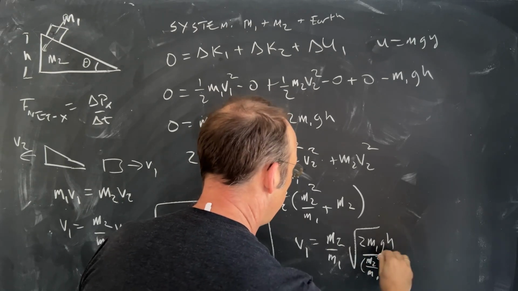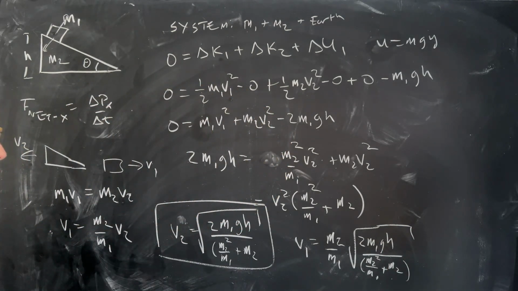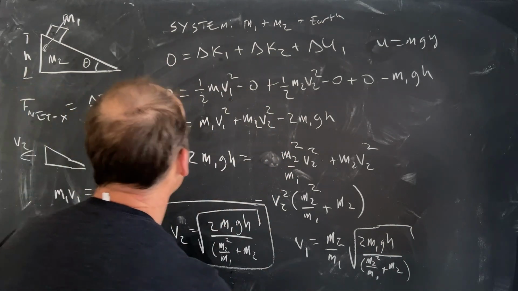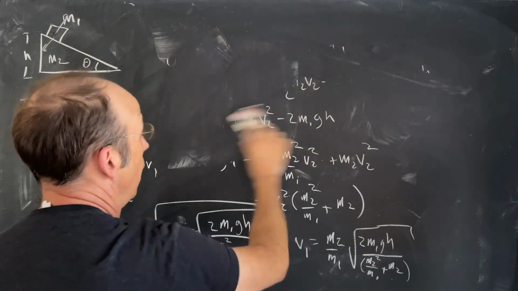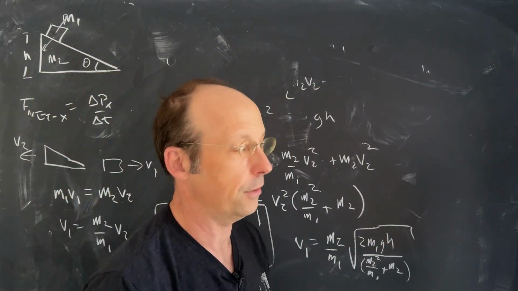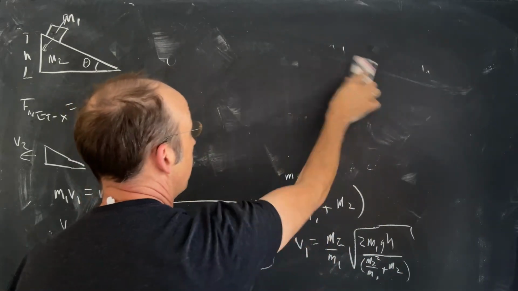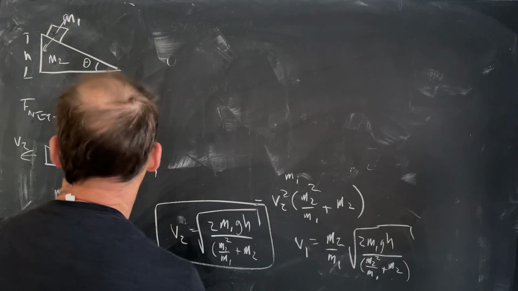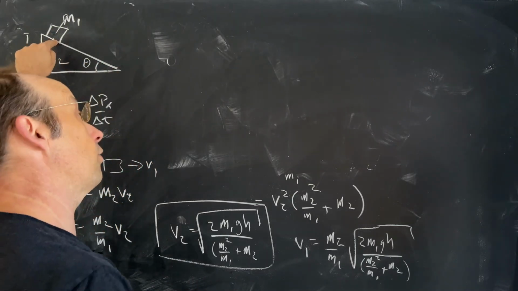And you could simplify the sum if you want, but I'm fine with it. Let's write this up here because I want to have a little bit more room to play with it. Because we want to check our answer. I'm going to do a numerical calculation. You knew that because I already had this idea of using a block on a plane. I did a block on a plane where the plane did not move, so now I'm going to do it with it moving.